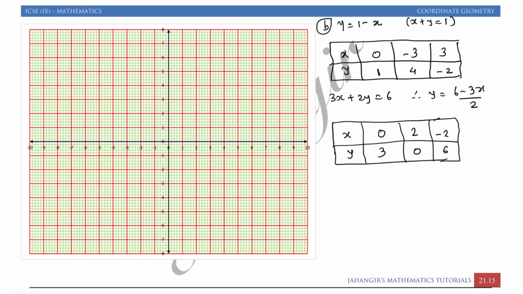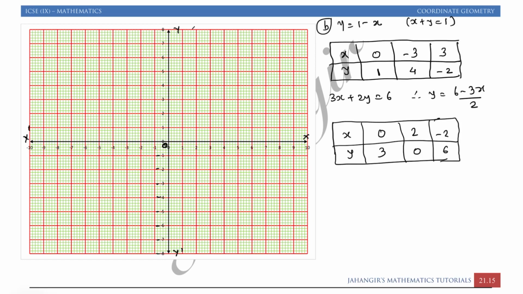Now let us start plotting. This is x-axis, this is y-axis, sorry, x dash. Here we have y, we have y dash. Here we can just write down the negatives. This is 0.